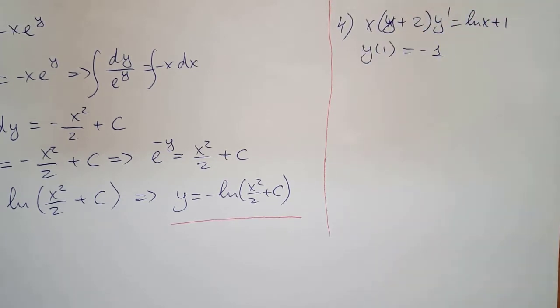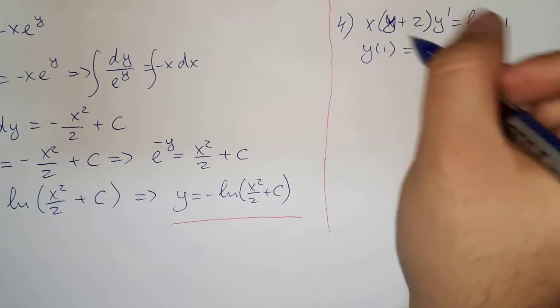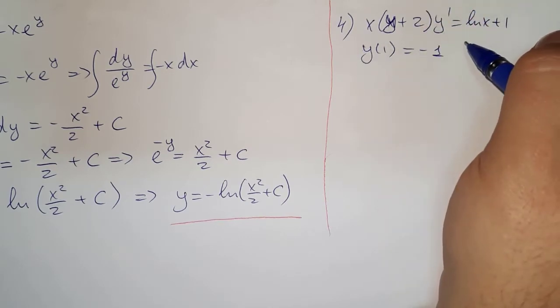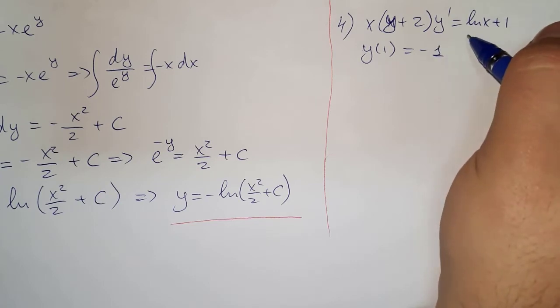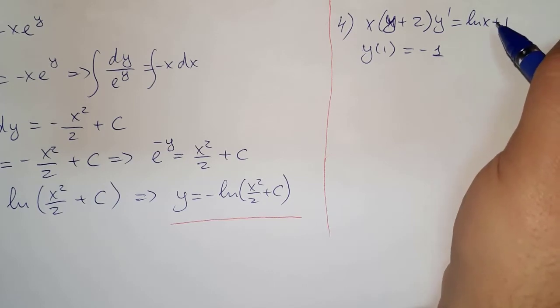So it looks like an initial value problem. Firstly we need to solve this equation and then put these values in and find a particular solution, not the general solution.